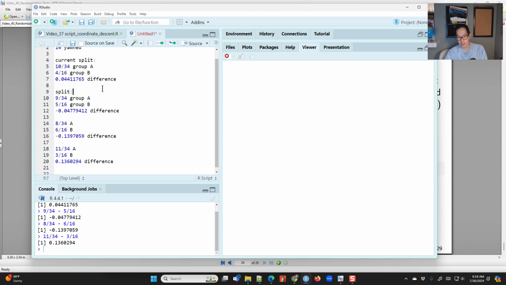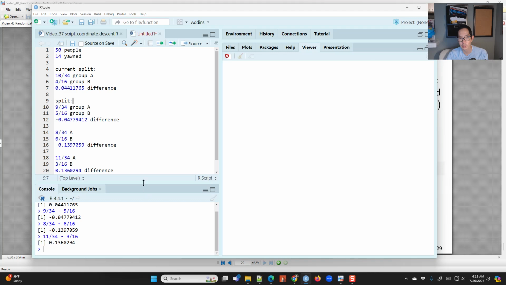If the null hypothesis were true, we said we would expect a difference of 0, but it is physically impossible to get a difference of 0 in the proportions because the way the data is split, where you have 34 in one group and 16 in the other group, it is not possible to get a difference of 0 because you have 14 people who yawned total.